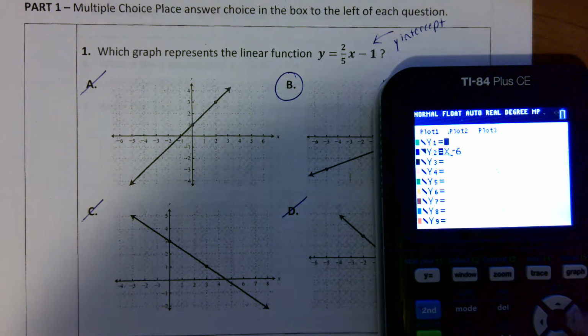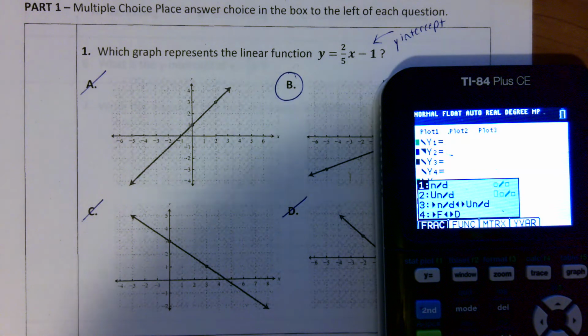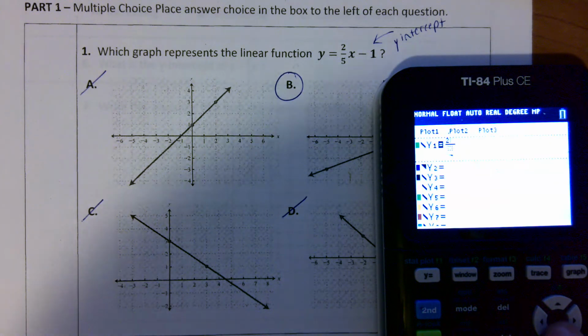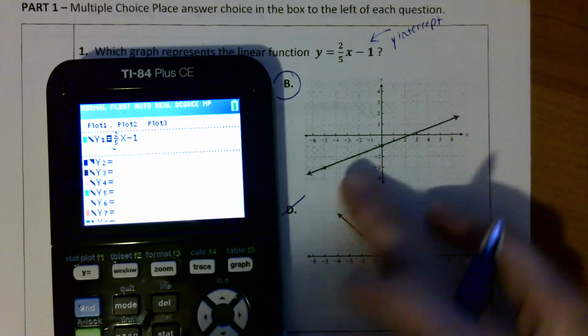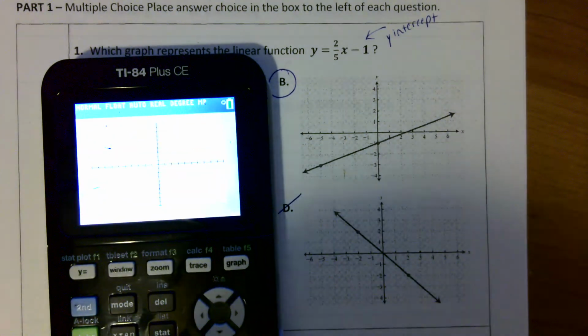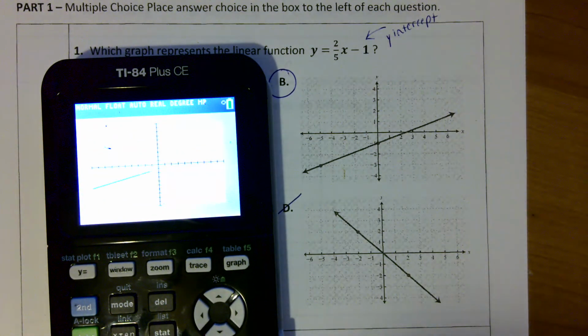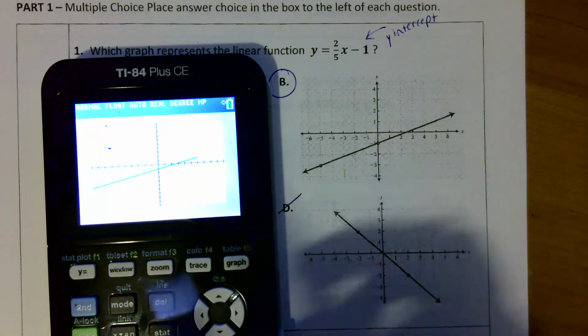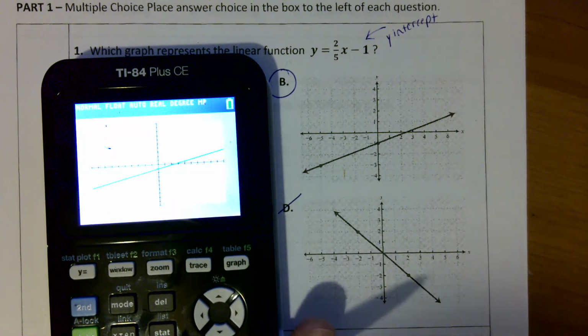Okay, go to y equals and put in 2/5, so alpha y equals 2 over 5, go to the right arrow to get out of that, x minus 1. And let's make sure it matches. And sure enough, same picture. So you knew you did it correctly. So my choice is B.